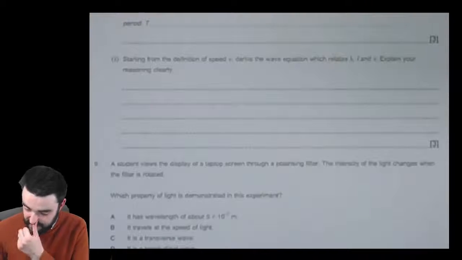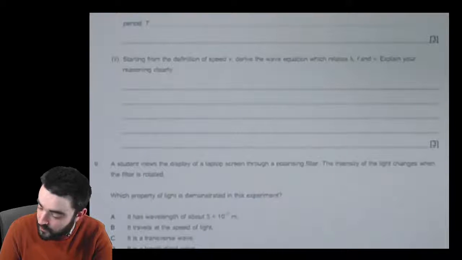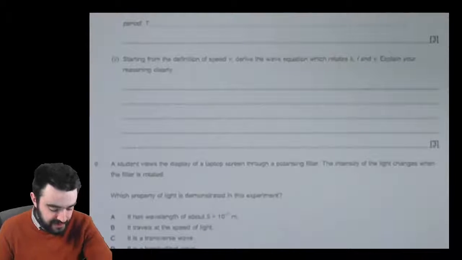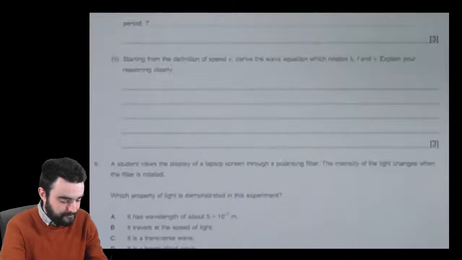Starting from the definition of speed v, derive the wave equation which relates frequency, wavelength, and velocity. Explain your reasoning clearly.